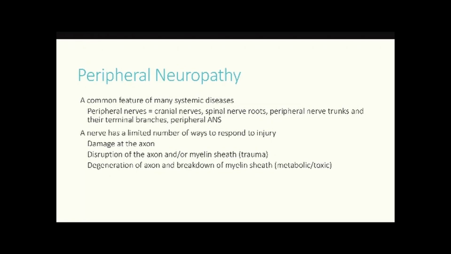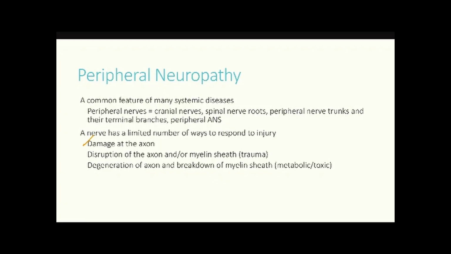Peripheral neuropathy is a common feature of many systemic diseases. Diabetes is a systemic problem that causes neuropathies to form. So it's a systemic disease that manifests itself as a neurological problem. And a nerve has very limited ways to respond to injury.